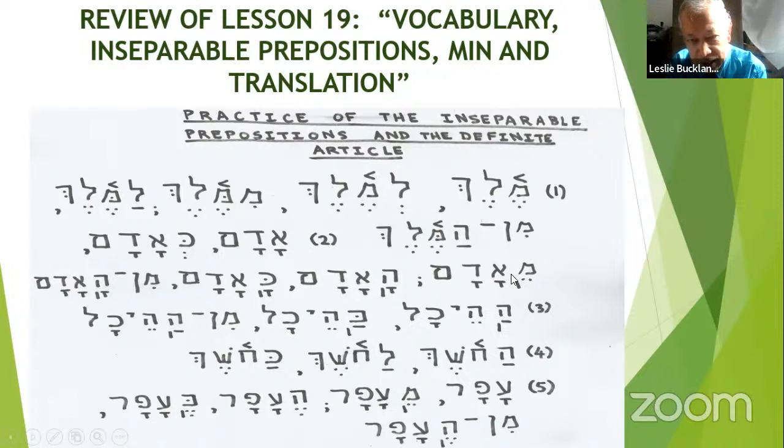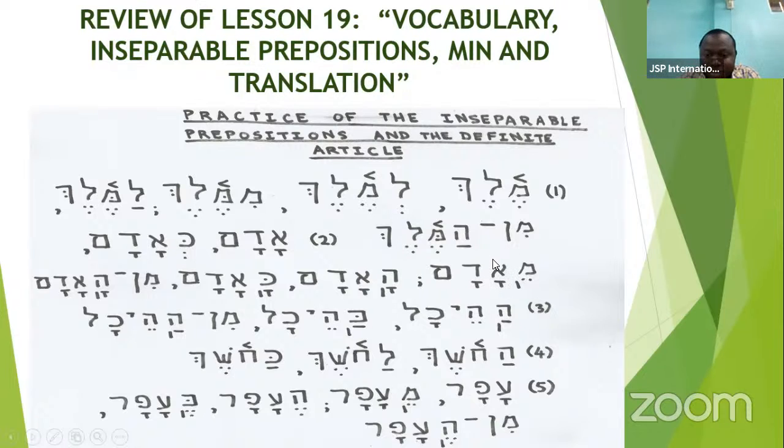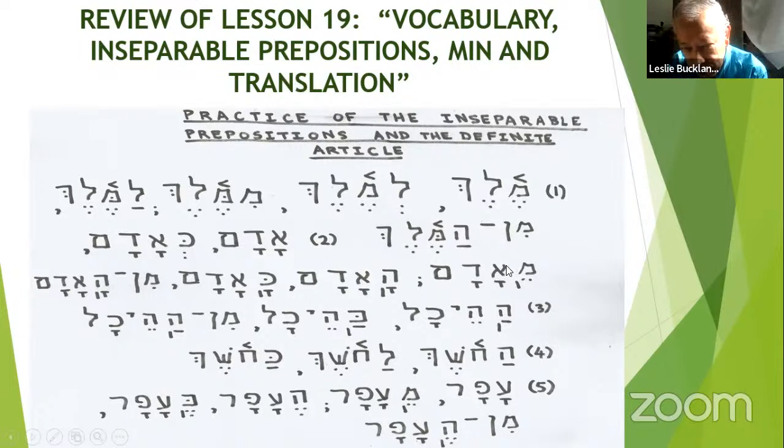And to compensate for the loss of the noon, the first letter of the noun to which min is joined would normally have to be doubled. But why can't this happen in the case of this first letter? It cannot be doubled because it is a guttural letter.